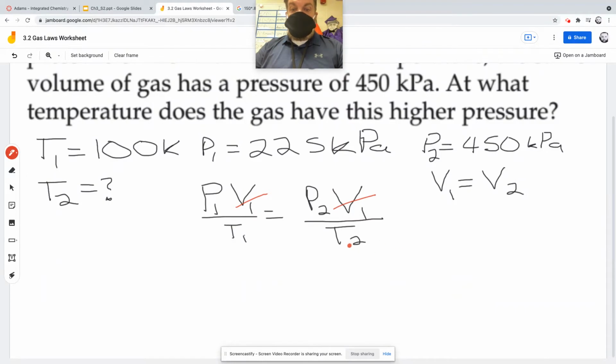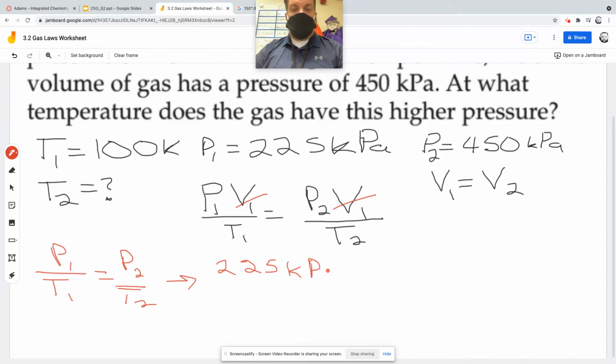Well, I want to know what T2 is. Let's try it this way, because I know some of you guys will try it this way. So P1 over T1 is equal to P2 over T2. It doesn't matter as long as you do the algebra right.